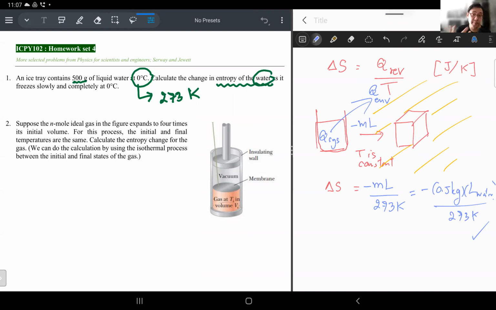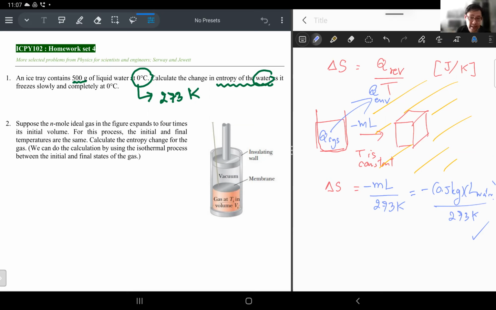For this particular case, I would expect that the environment is supposed to have a higher temperature. But anyway, you still have to calculate the whole thing. We need, how can I say it, the complete description of the whole environment for you to be able to calculate the change of everything. But right now, this is just a focus on water, and that's easy to calculate.